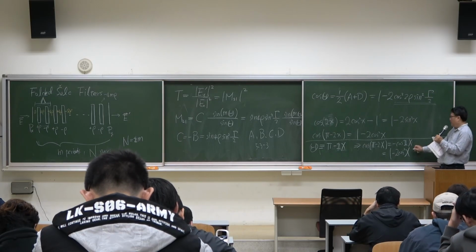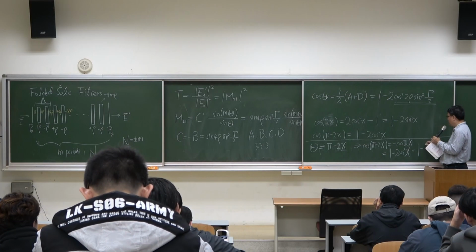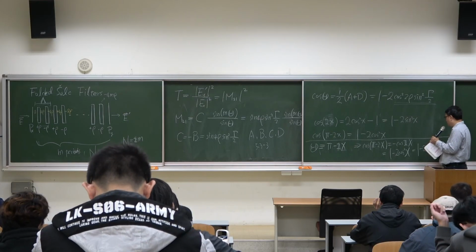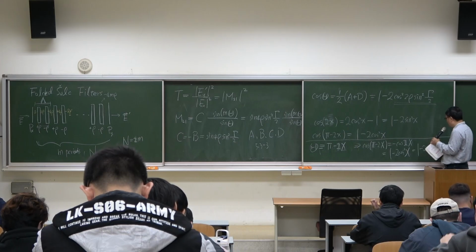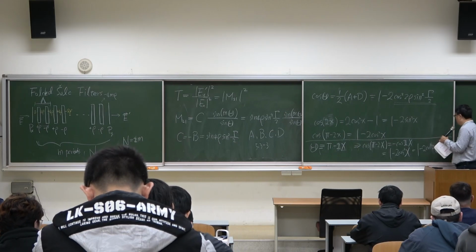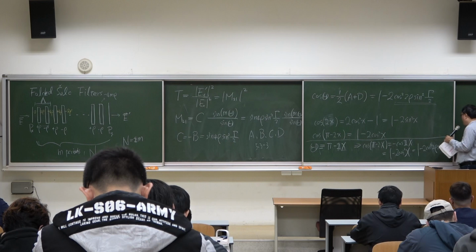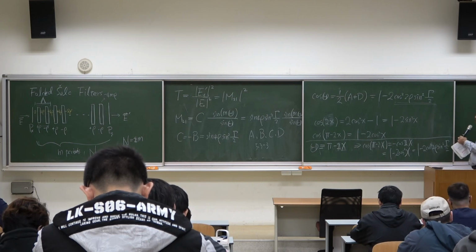And compare with this 1 minus 2 cosine squared 2 rho times sine squared half gamma. Okay?